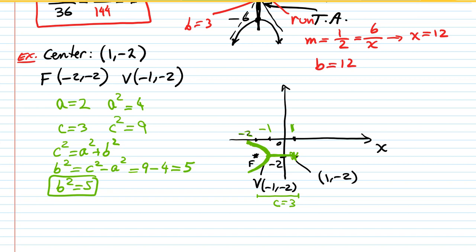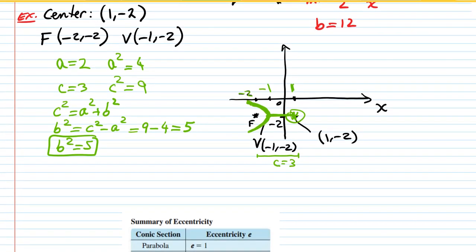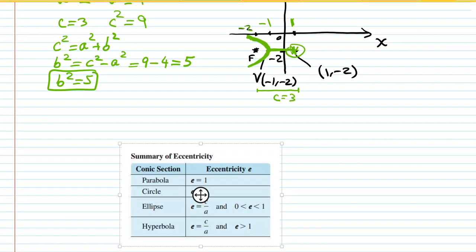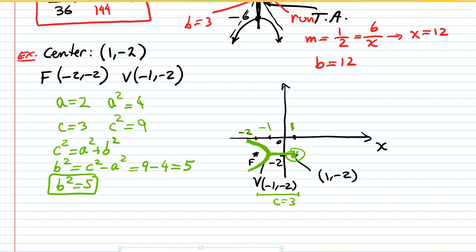Okay, and now because the center is at (1, -2), we're going to have to use the h-k form, right? But we got what we needed for this one. And our equation is going to be in the form x minus h, horizontal.